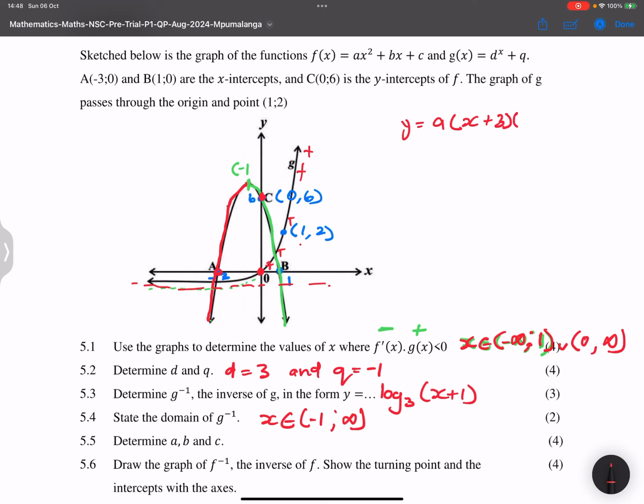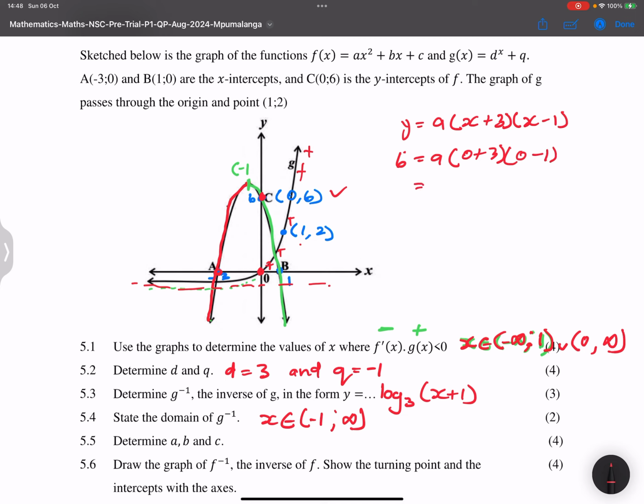So that's x plus 3 as well as x minus 1. So now how would I get the value of A in this case? We can substitute any other point that we know. I know that when x is 0, y is 6. So I'm going to say 6 is equal to A times 0 plus 3 and 0 minus 1.